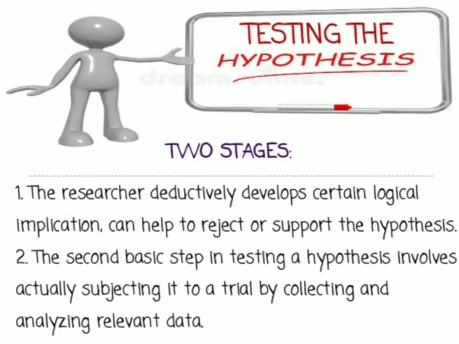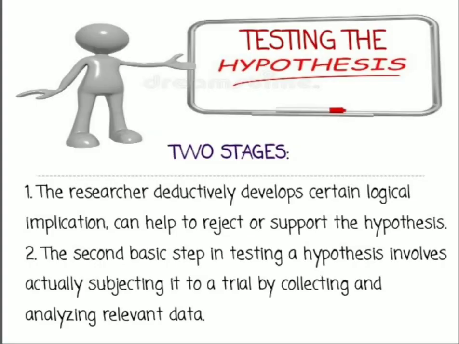There are two stages in testing the hypothesis. Step 1. The researcher deductively develops certain logical implications that can help to reject or support the hypothesis. The second basic step in testing a hypothesis involves actually subjecting it to a trial by collecting and analyzing relevant data.